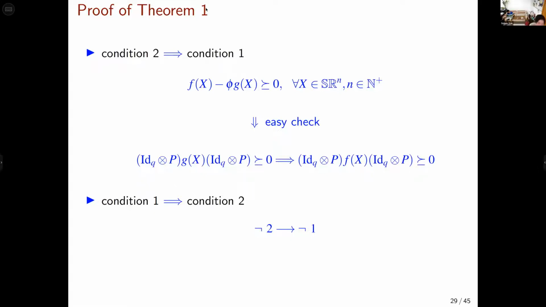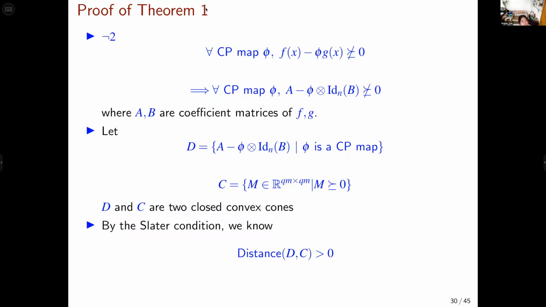And then condition 1 implies condition 2. We translate it to: not condition 2 implies not condition 1. And this is not condition 2: for every completely positive map phi, F minus phi of G is not positive semi-definite.